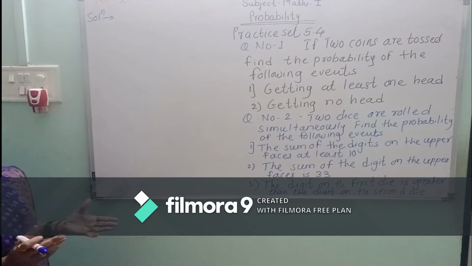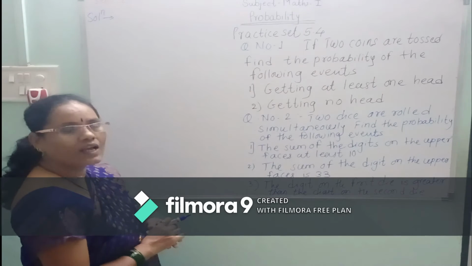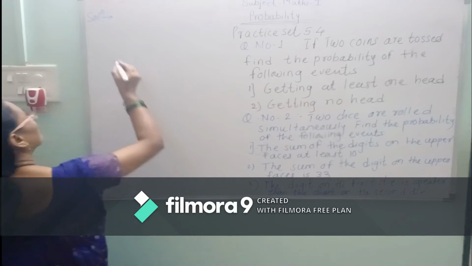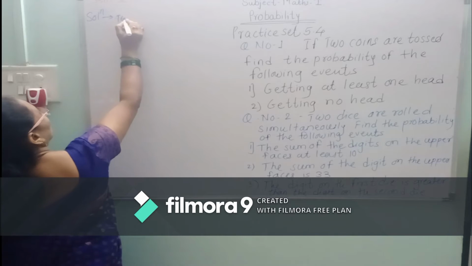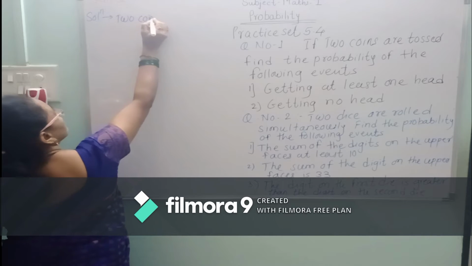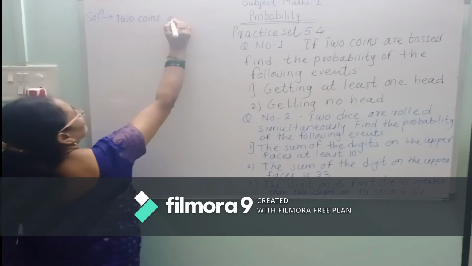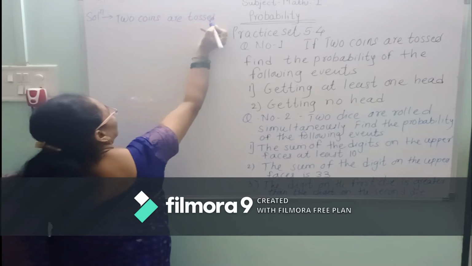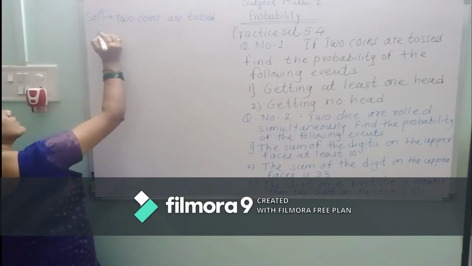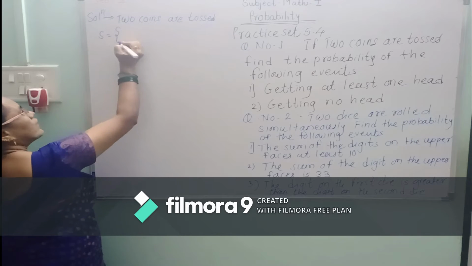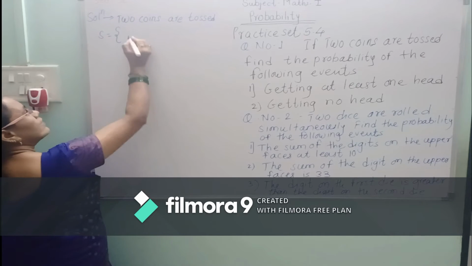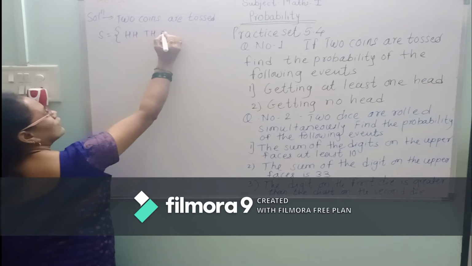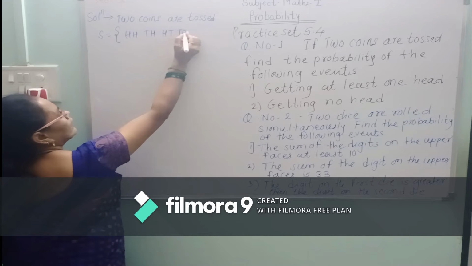First write the sample space, denoted by S, in set form. Two coins are tossed. We get the sample space S, and in the set the sample points are HH, TH, HT and TT.